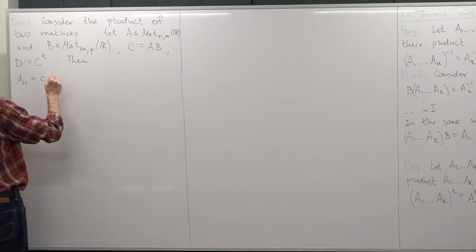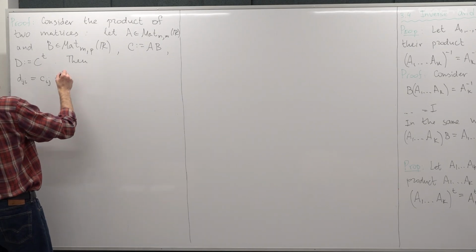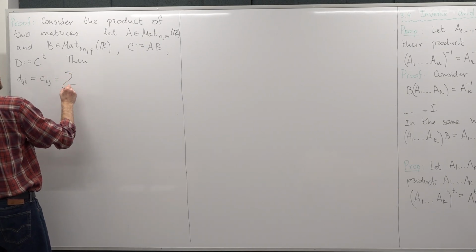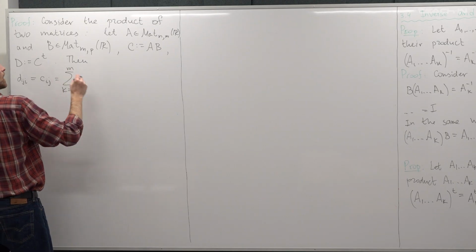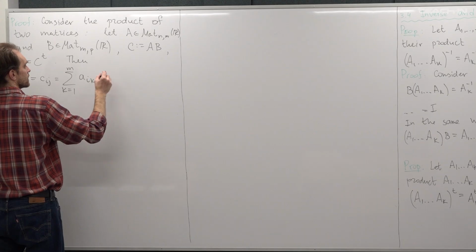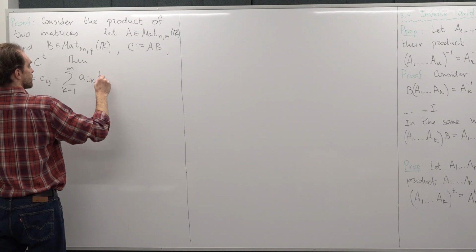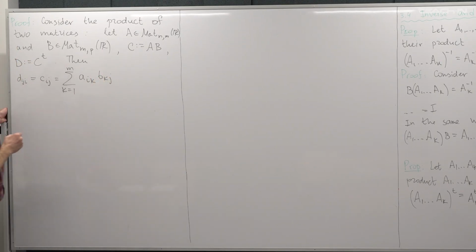So what is this element? This is the element of the product. So this is the sum where k ranges from 1 to m of a sub ik multiplied by b sub kj.